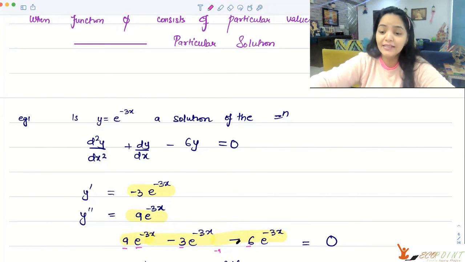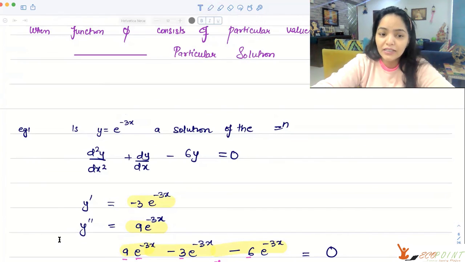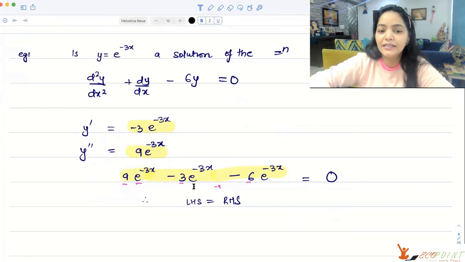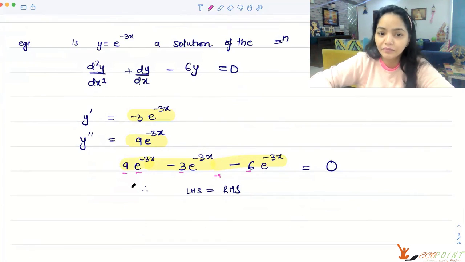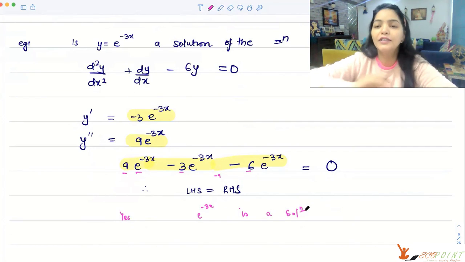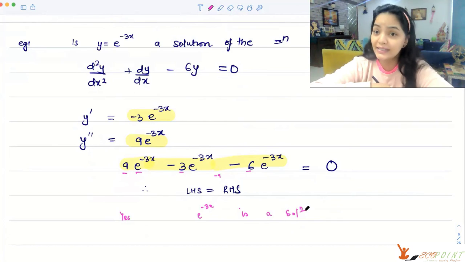And indeed, this is giving us 0. So left-hand side indeed is equal to the right-hand side, and that means yes, e to the power minus 3x is a solution.